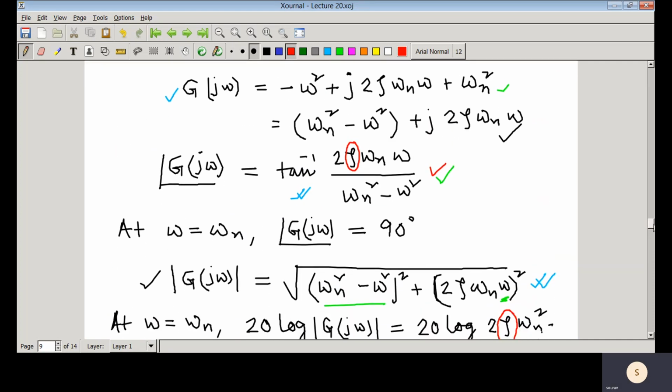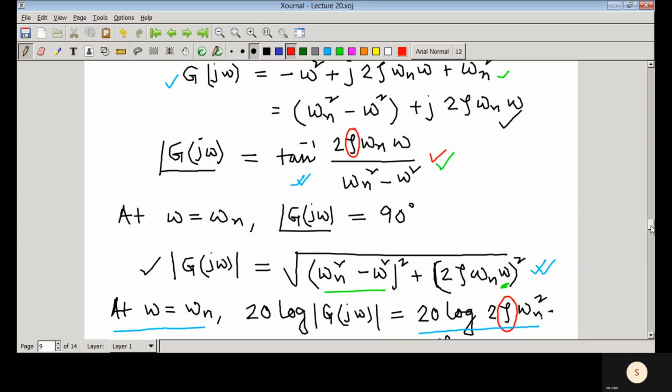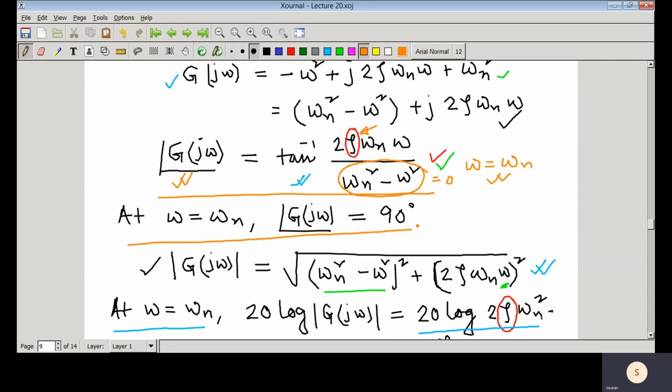Here I want to correct one thing: at omega equal to omega n, the term becomes always 0, which means the angle does not depend on zeta, because it is always 90 degrees at omega equal to omega n.